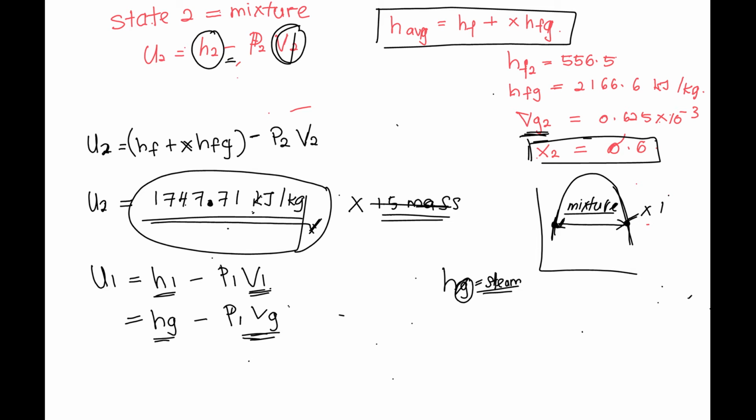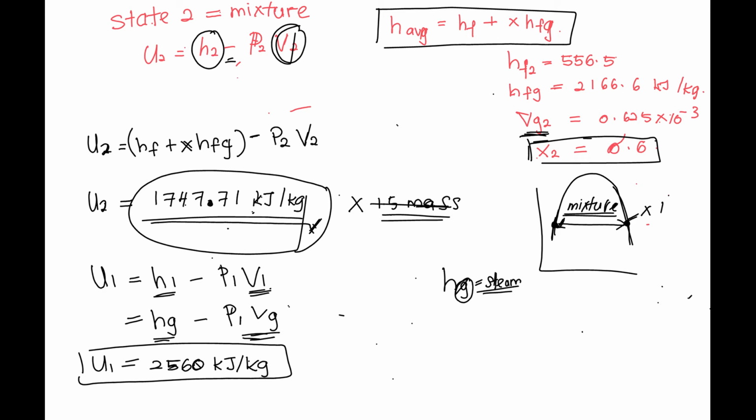And then the figure you can get from the steam table directly is equal to 2560 kilojoule over kg. Why kilojoule over kg? Because this is still specific internal energy. Then I have my specific internal energy at state 1 and specific internal energy at state 2.